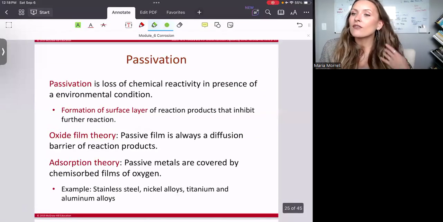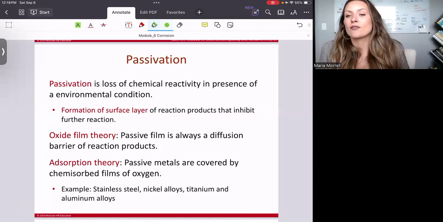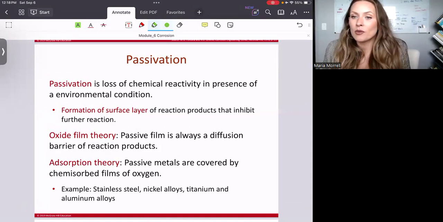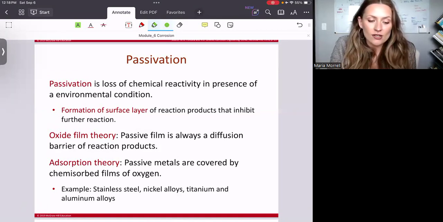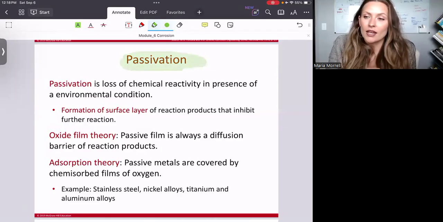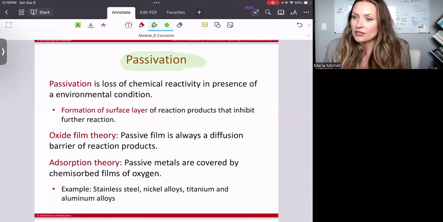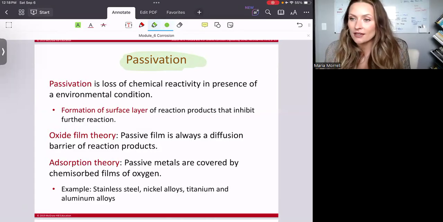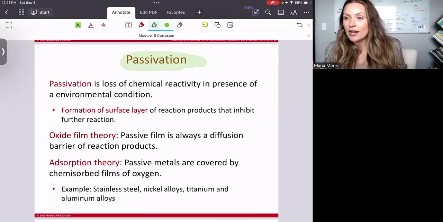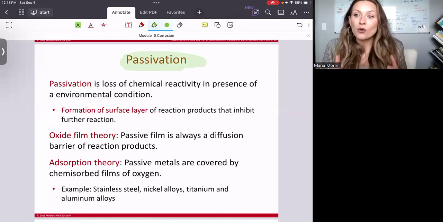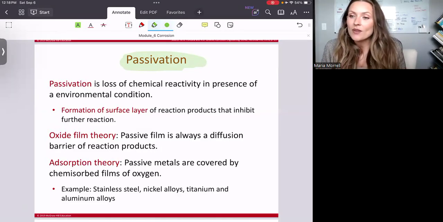Now, another very unique phenomenon that we should be familiar with in corrosion is called passivation. It's been known for more than 100 years and it hasn't been solved to this date. There are certain theories perhaps explaining what is actually happening, but it is still ongoing research.